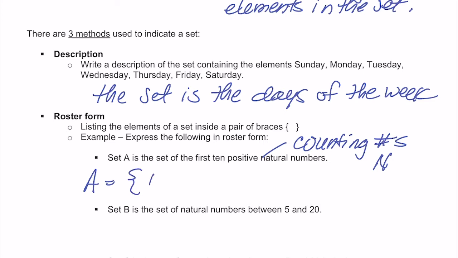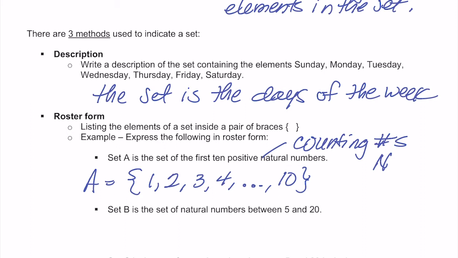So I would have a brace, and then I'd have 1, 2, 3, 4, and then all the way up to 10. So when the list gets long, you can abbreviate it. You could use these 3 dots, which are called ellipses. You see them in books too, right? Or, in sentences where they want to abbreviate. And then I would put the last number in the set, which would be 10. So we understand that 5, 6, 7, 8, 9 are within that set.